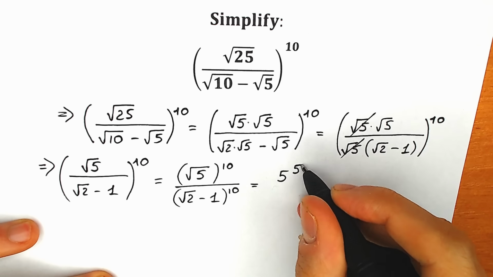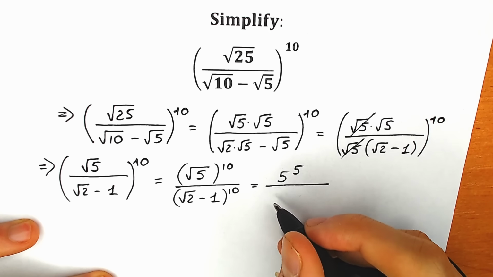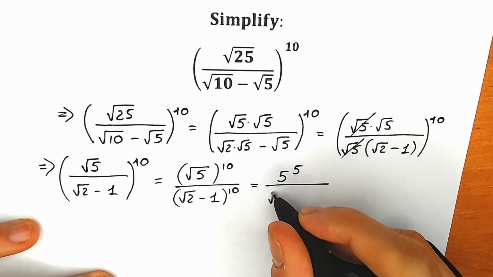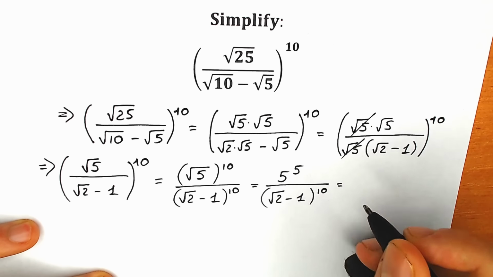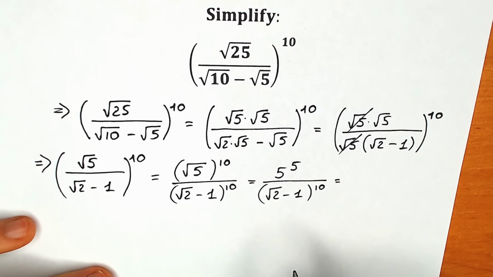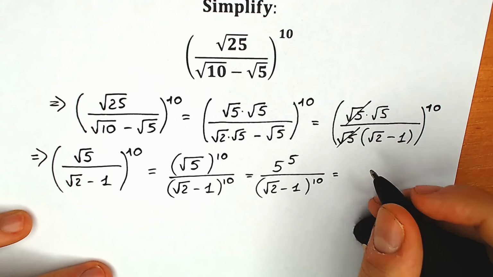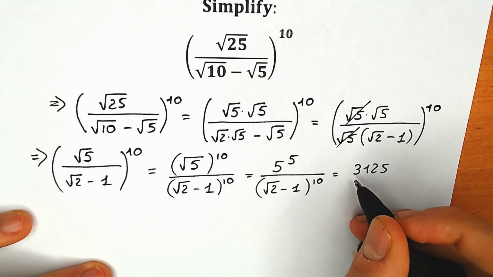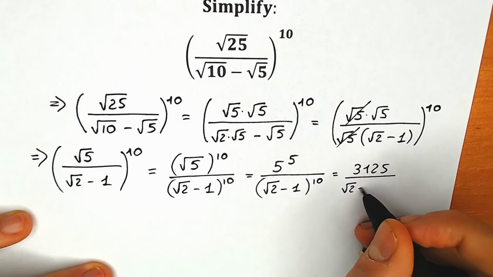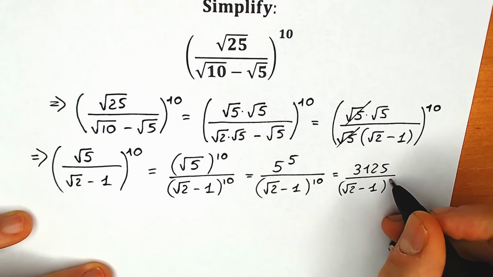And the last step, because 5 to the power 5 is equal to 3125, we have 3125 over square root of 2 minus 1 to the power 10.